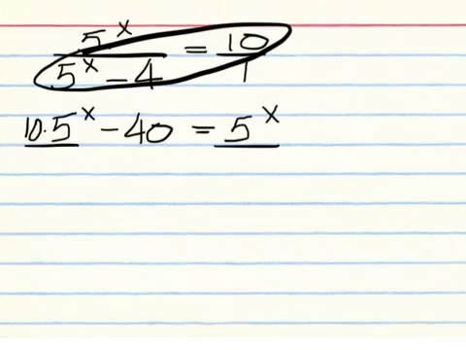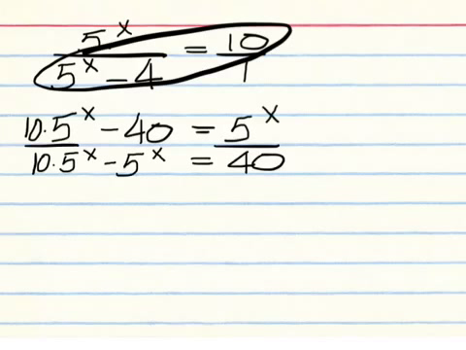In this case, you're going to keep this one on this side, move the minus 40 to the right and make it plus, and then the 5 to the x power to the left and make it minus. So now you have 10 5 to the x powers minus 1 5 to the x power.